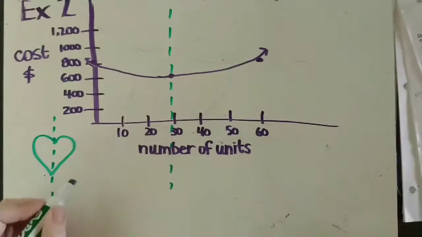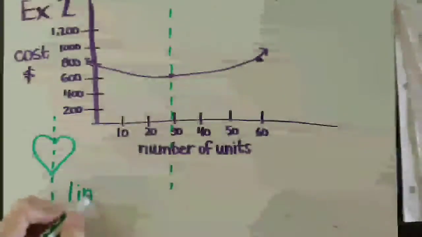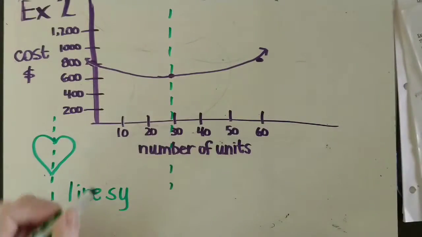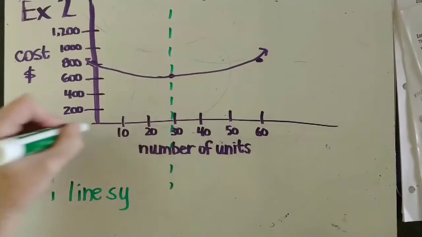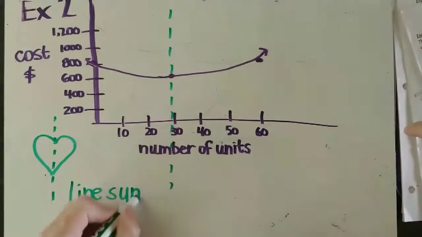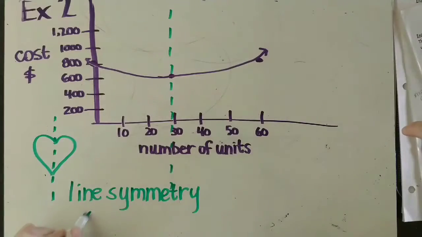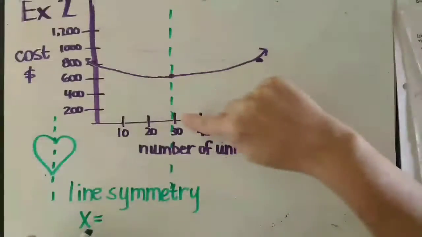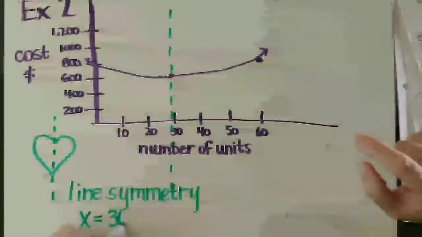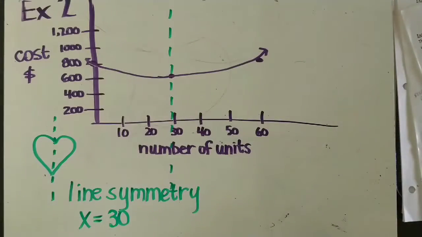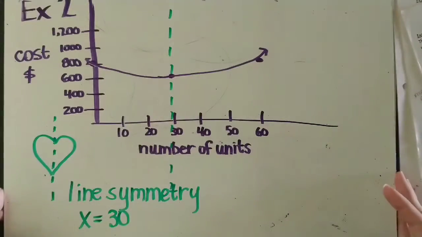The line symmetry is, and we're going to read our x-axis here, where x equals, and it looks to be about 30. And that's how you find line symmetry.